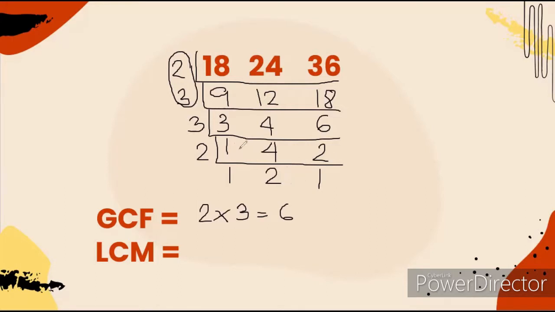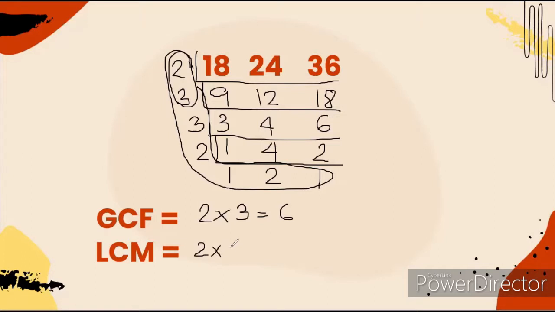Okay, I guess we should stop here. Now, the LCM for these 3 numbers, including the GCF, are these numbers here. We will arrange the numbers from least to greatest.